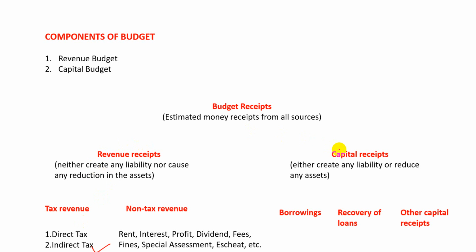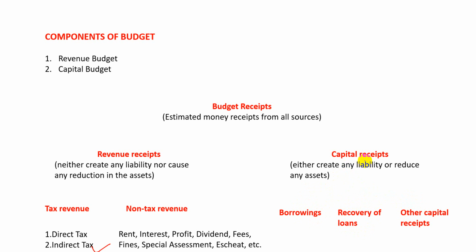Now let us come to the capital receipts, another part of budget receipts. Capital receipts are those which either create any liability or reduce any assets of the government. For example, borrowings of the government, recovery of loans, other capital receipts.